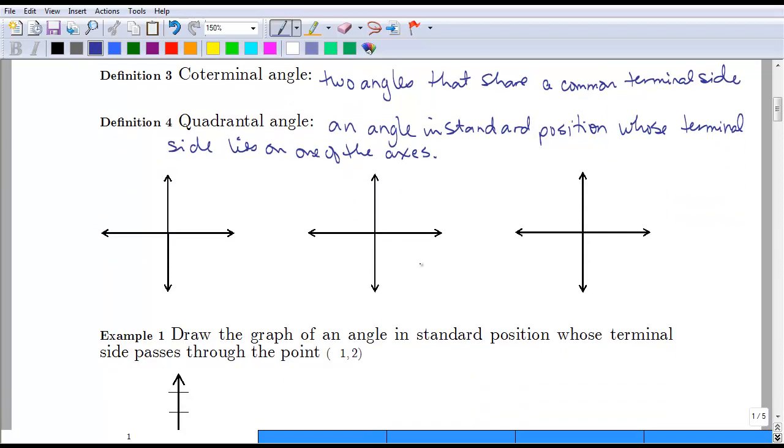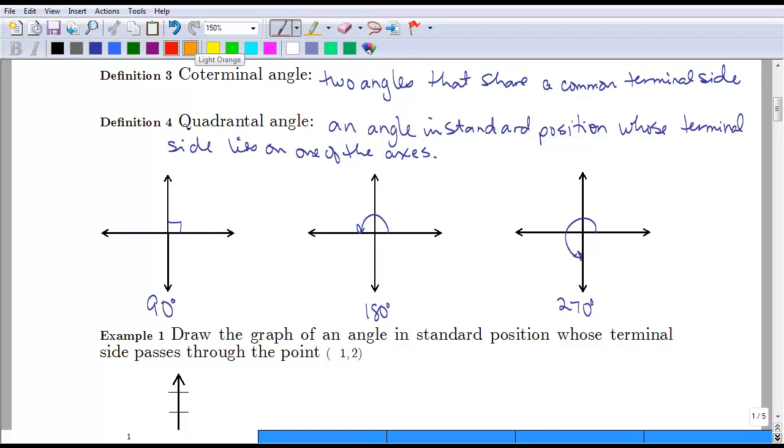So if we think about this, we can either have a 90-degree angle if we go over to the positive y-axis. We can have a 180-degree angle if we go over to the negative x-axis, we can have a 270-degree angle if we go around to the negative y-axis.